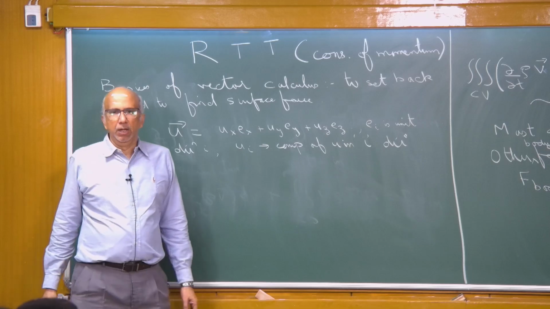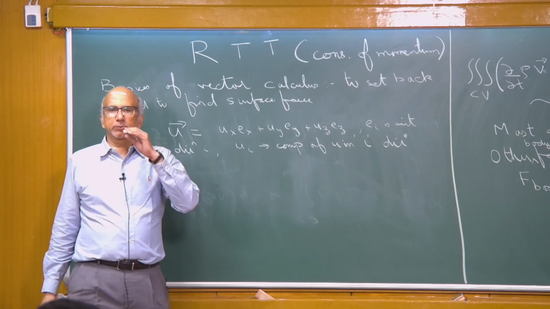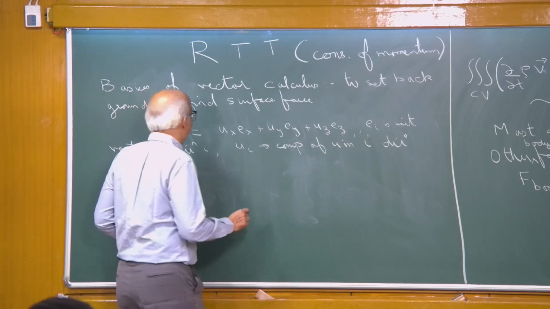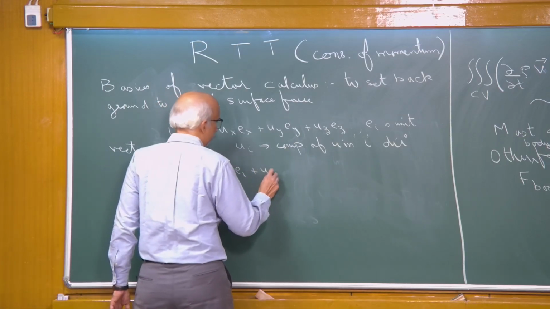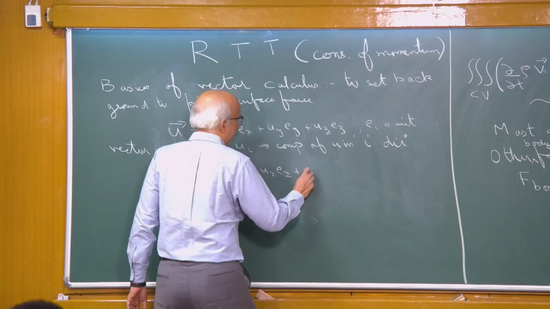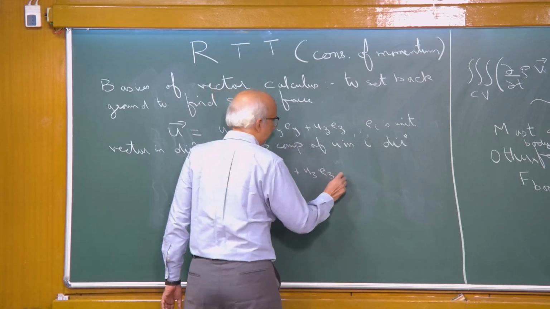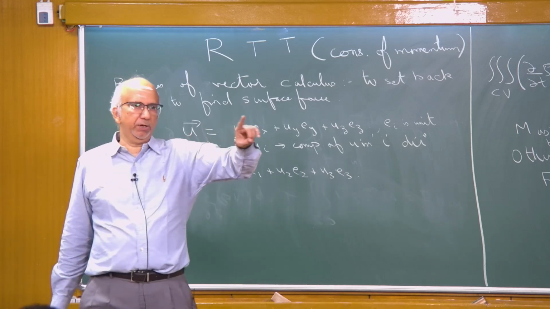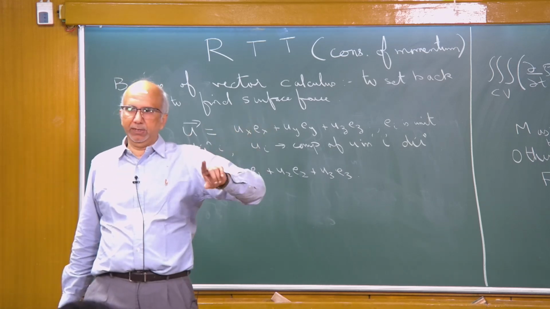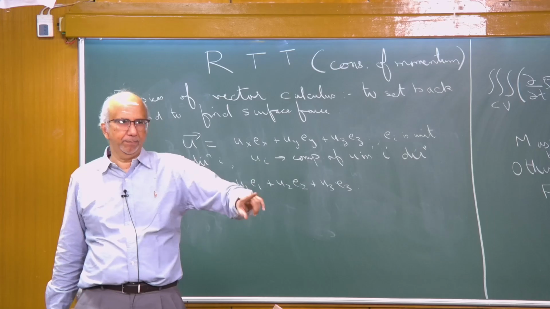So, rather than write in terms of x, y, z, what I like to do is write this as u1 e1 plus u2 e2 plus u3 e3. I am saying e1, the first coordinate is x, second coordinate is y, third coordinate is z, okay.